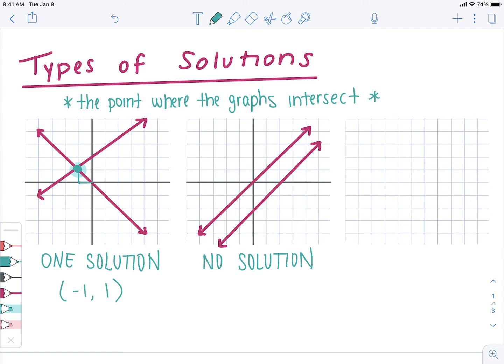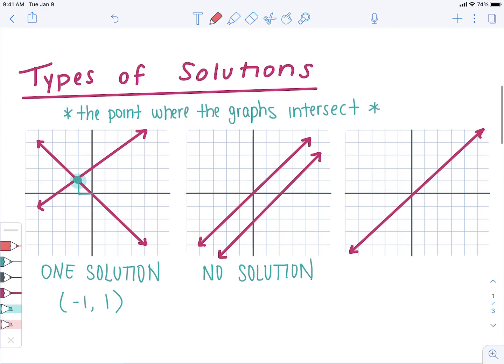And then every once in a while, they'll end up giving me two equations that are the same. If I had two equations that were the same and I was graphing them, draw my x-axis and y-axis, my first one, and then I also have another one.